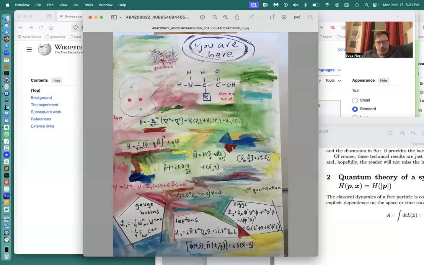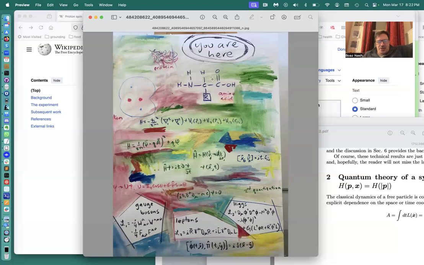Anyway, you move up, and we have the commutation relation, in the relativistic and non-relativistic cases, and then we've got the Hamiltonian for a particle moving in an electromagnetic field, and then moving upwards to the helium atom, a little funny representation of a helium atom, and then getting more complicated, moving upwards in scale.